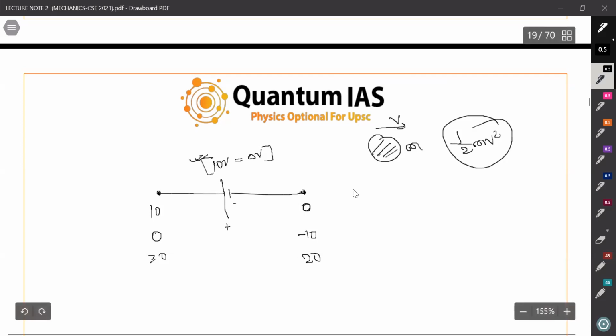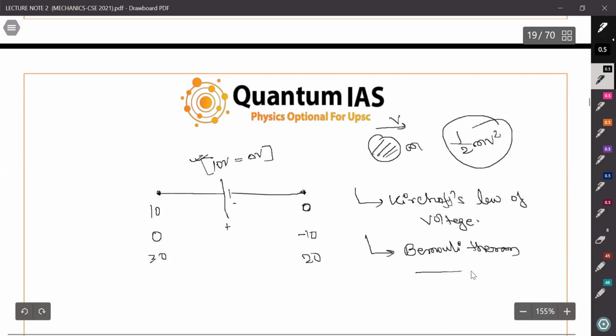This conservation of energy has many applications. For example, Kirchhoff's voltage law. Actually, it is Kirchhoff, not Kirchhoff's. Kirchhoff's laws of voltage. Also the Bernoulli theorem in fluids, and many more applications.